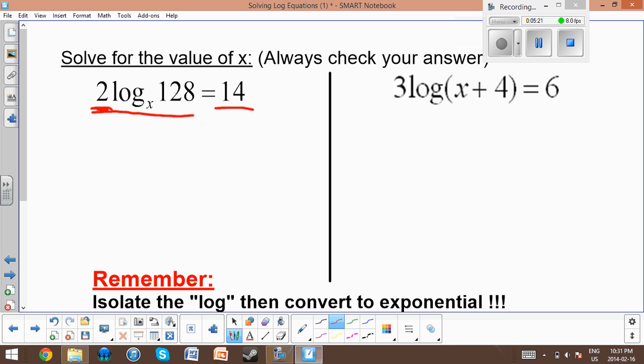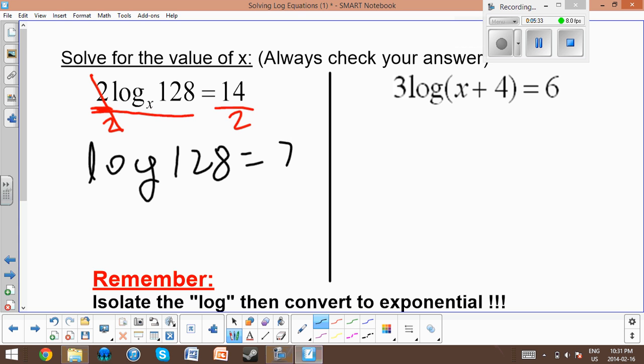So a simple way of doing this would be dividing both sides by 2, which eliminates the 2, and we would have log base x of 128 equals 7. And as we saw before, we would change it to an exponential once again, which would be x to the 7th power equals 128, which was very similar to the problem that we did before.